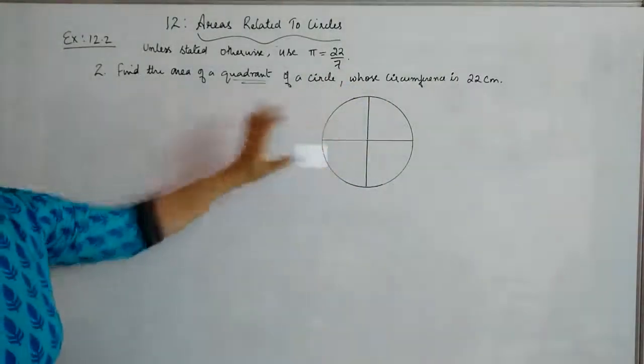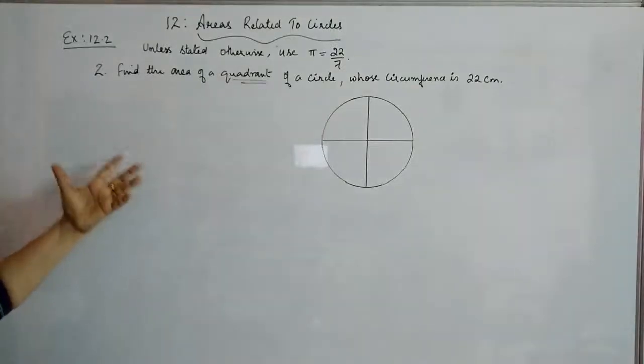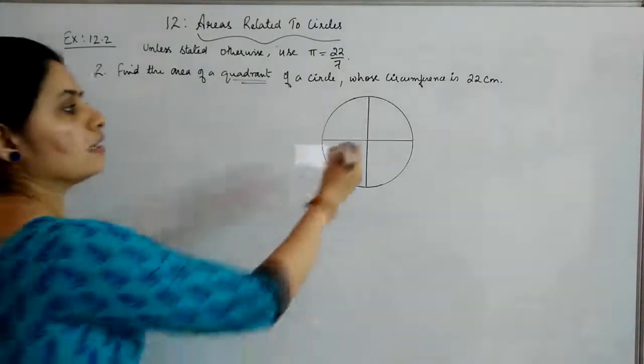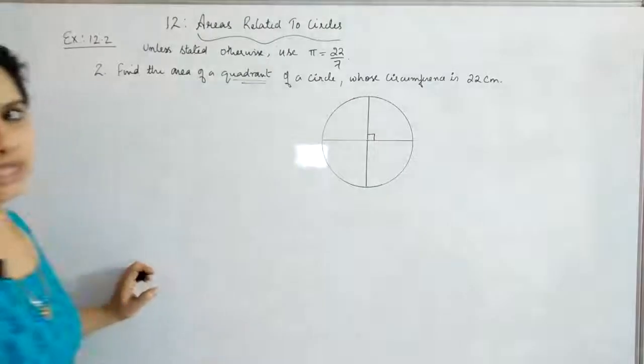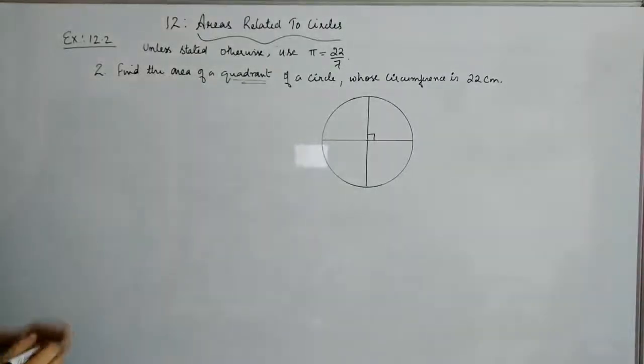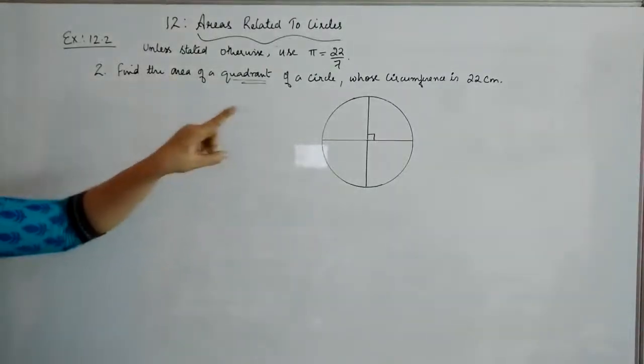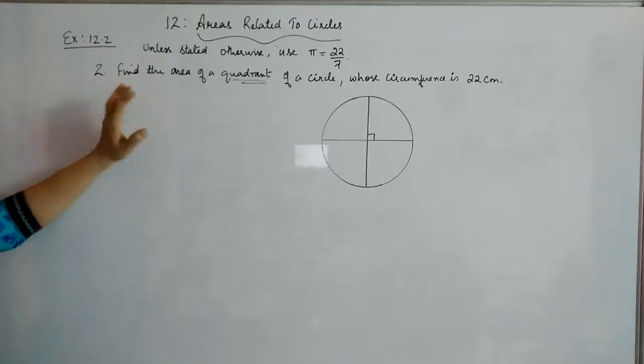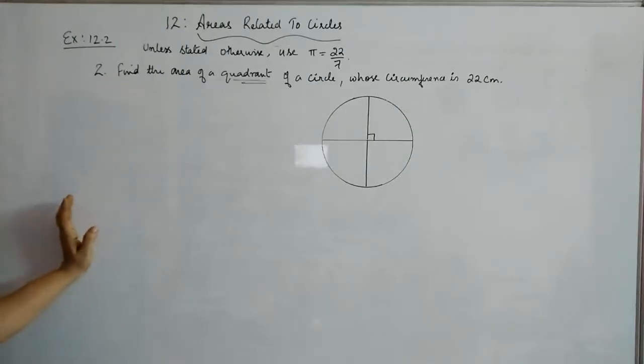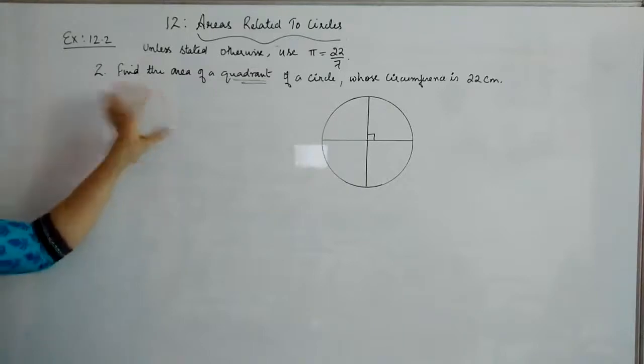Now for that you need not use your formula, or else if you are using the formula, the angle for the quadrant will be 90 degrees, right? So if you are taking theta as 90 degrees and finding out r, you can apply the formula theta by 360 into pi r square for the area of the quadrant.